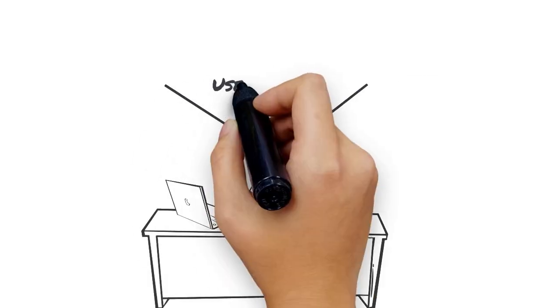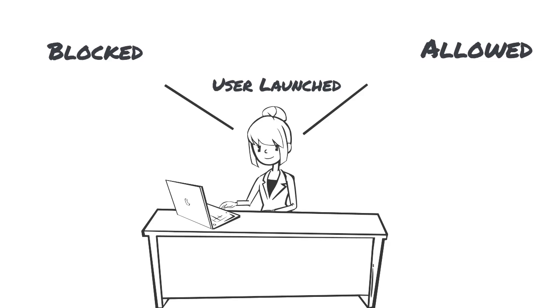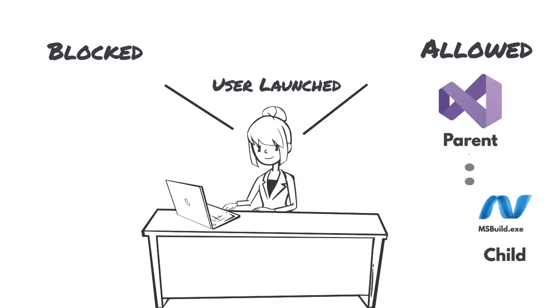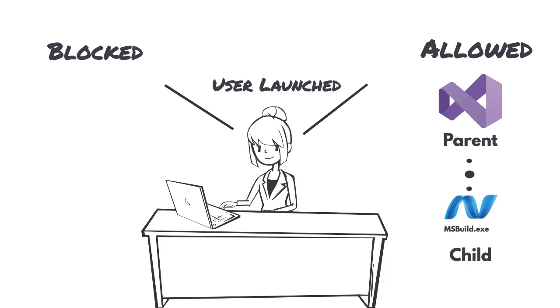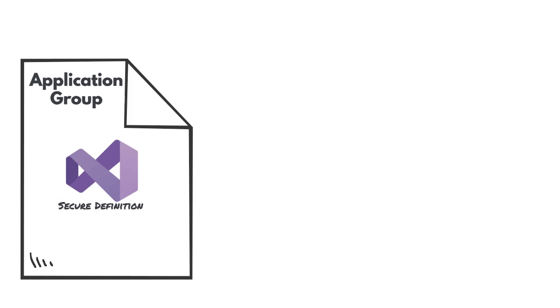To prevent MSBuild from being weaponized, we need two policies. The first, to allow MSBuild if Visual Studio is the parent process, and the second, to block MSBuild for any other use. As in the previous example, the first step is to create a secure definition of Visual Studio and place it in an application group, which we will use to set the parent context.